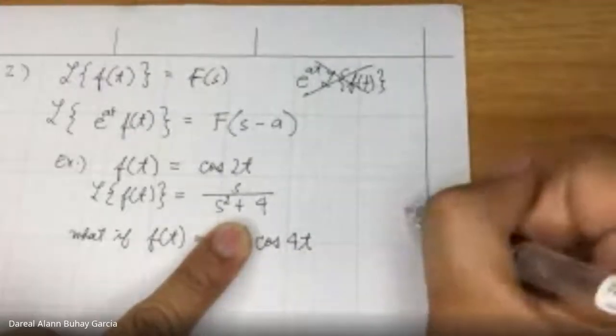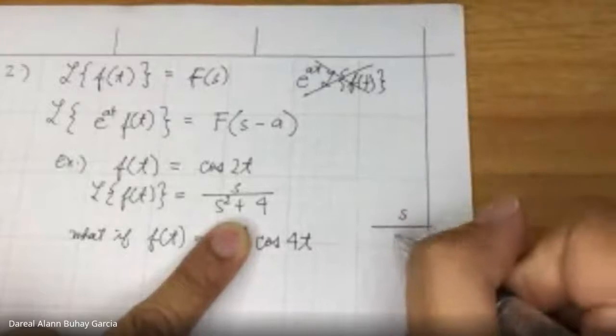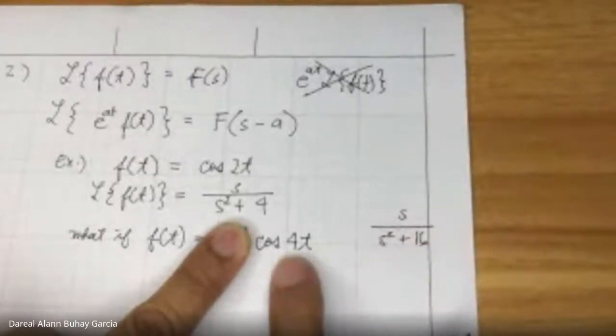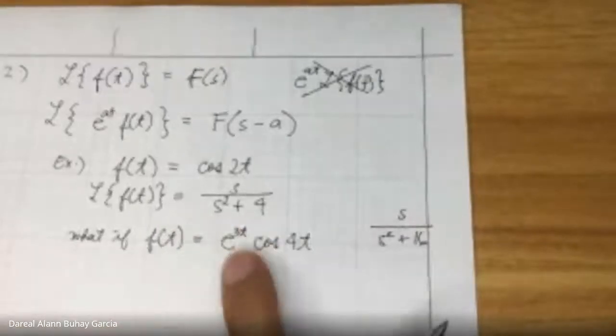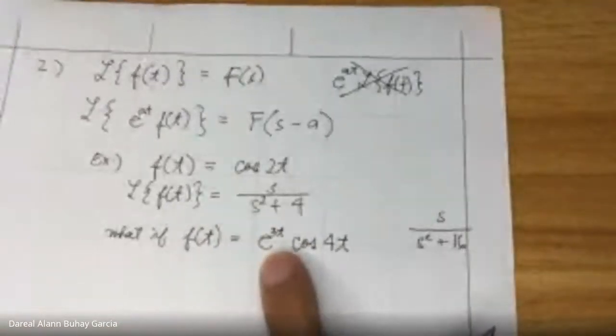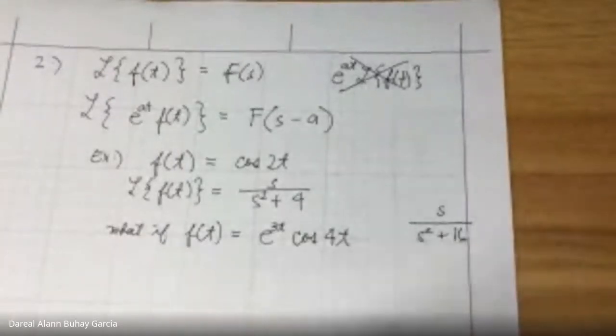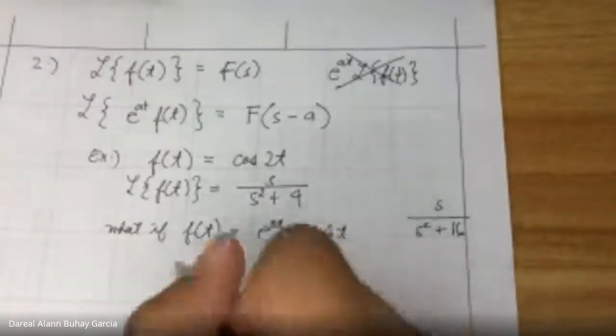So I take note of s over s squared plus 16. Supposedly that would be the answer if that were the given. But it is multiplied by the exponential function e to the power of 3t. That affects our final answer.